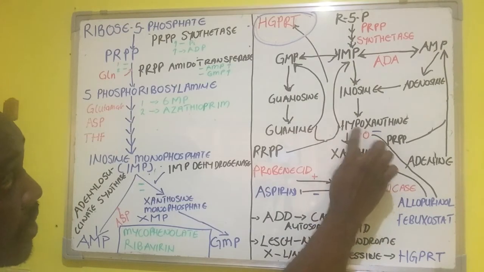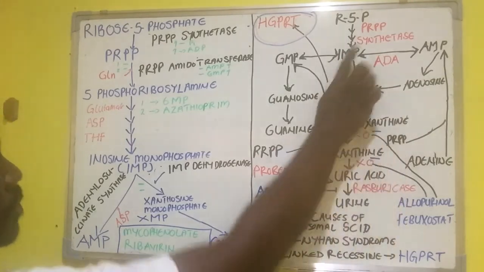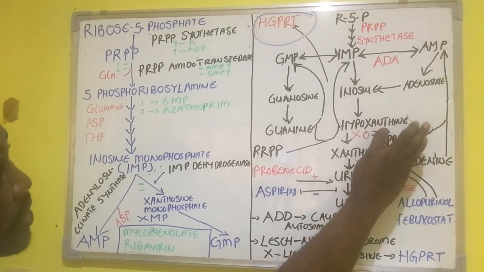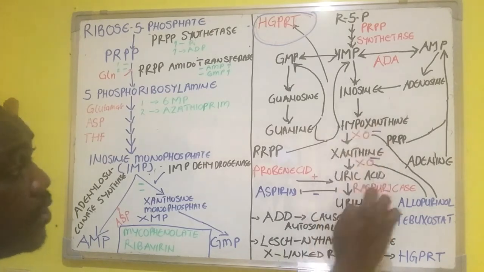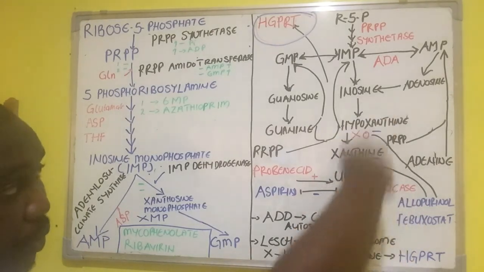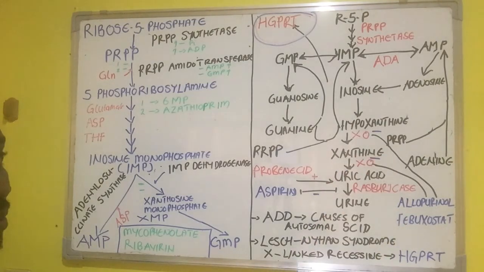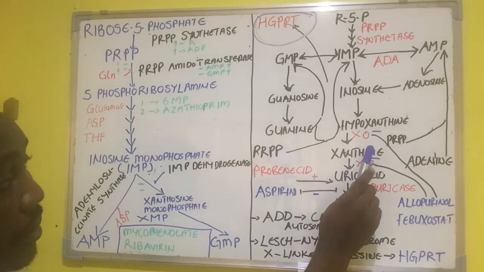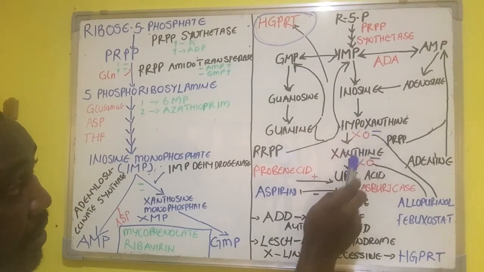So there will be excess production of hypoxanthine, which will lead xanthine oxidase to continually produce uric acid, which we call hyperuricemia. Now, for the treatment of Lesch-Nyhan syndrome, what is being targeted is the conversion of hypoxanthine to xanthine.